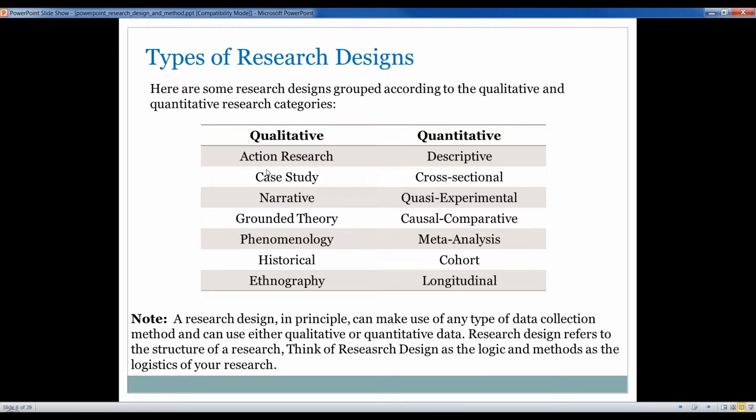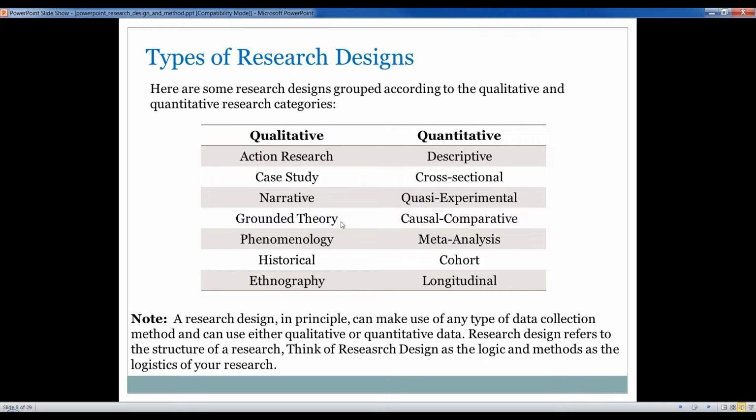Case studies, that could be one person you're following, maybe a person that has some kind of rare condition, or a case, it doesn't have to be a person. It could be a program, again. It could be a group of people. Narrative basically is what it is, narrative.